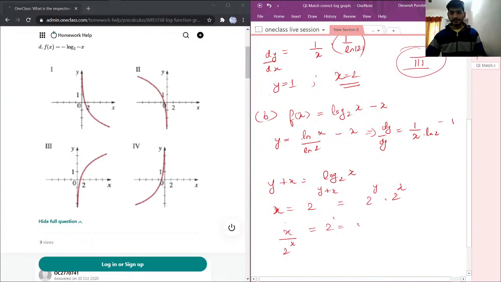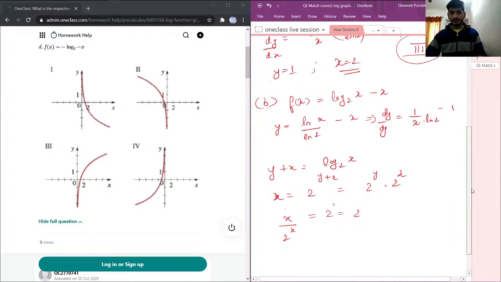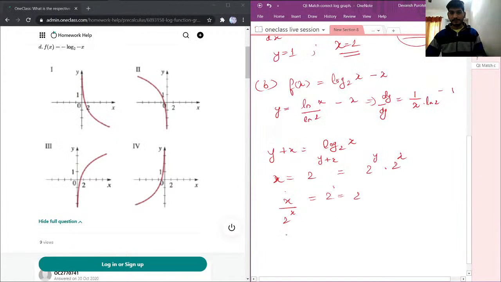So this will be 2. Again, I think I have to take log. I hate to admit, but I have to take x equal to 2 times 1 plus x.